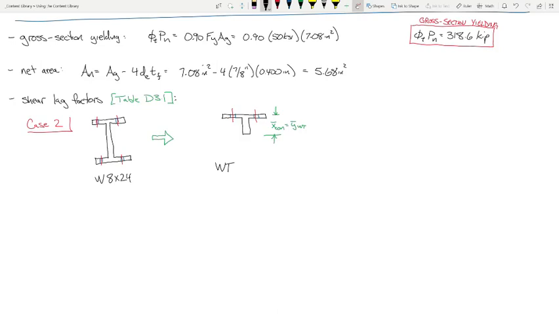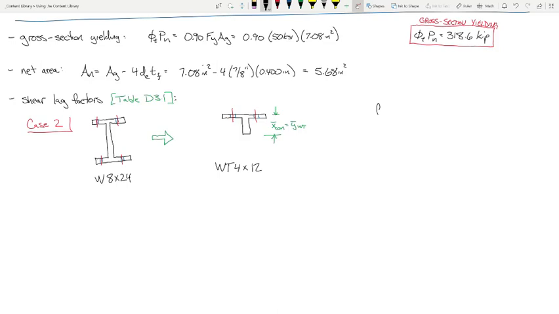About how deep it is, right? So if this is about 8 inches deep, how deep is this? 4 inches deep. So we need a WT 4. And what's the 24 mean over here? How heavy it is, right? Pounds per foot. So if this is 24 pounds per foot, how heavy is that? 12 pounds per foot.